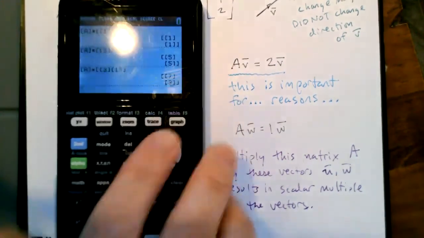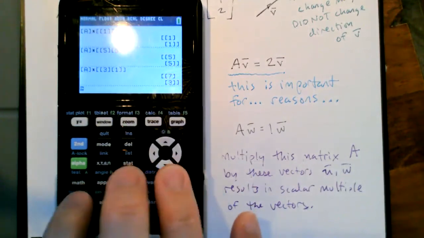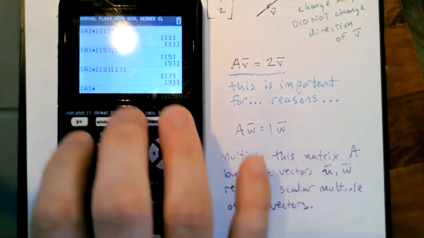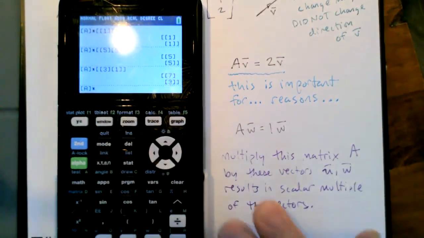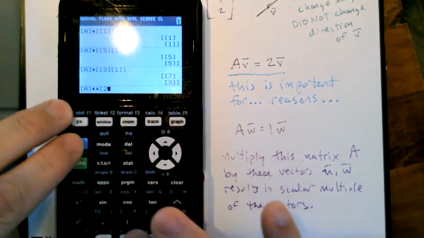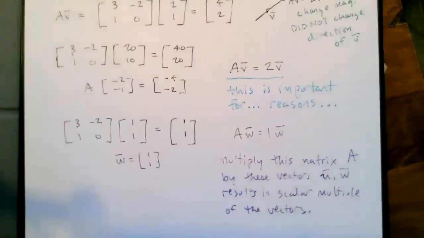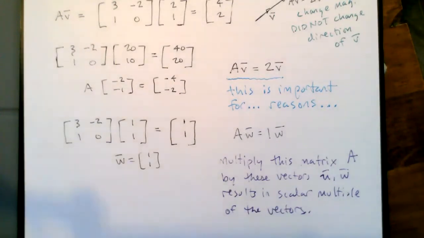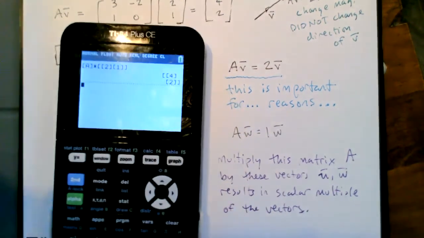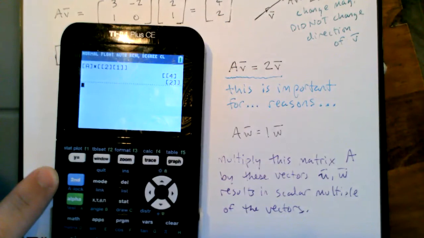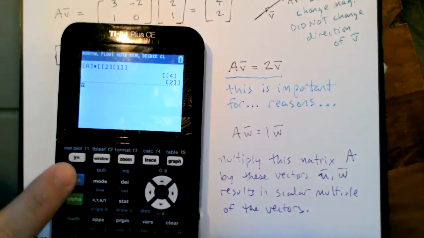Because if I multiply A times the vector 2, 1, I get 4, 2. And if I multiply again by A, since 4, 2 is on the same line, I'm just going to go further. I'm going to multiply by 2 again.